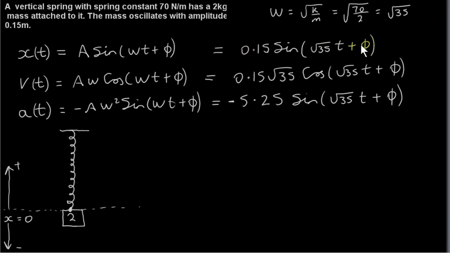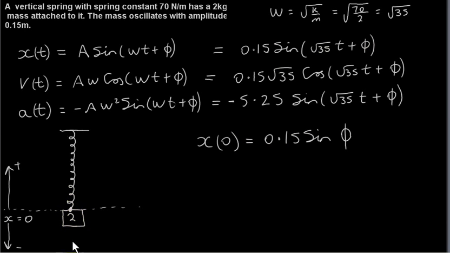Now phi can be any value we like. Phi depends on the initial position, that is the value of x at t equals 0. If we plug t equals 0 in here, we get 0.15 sine of phi. So it depends on where we start the timer.